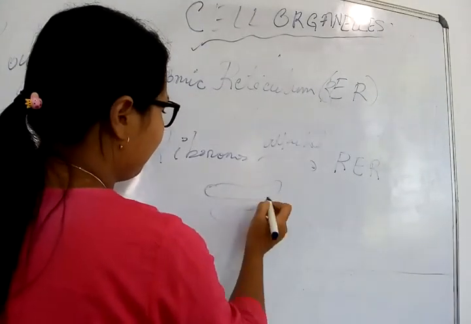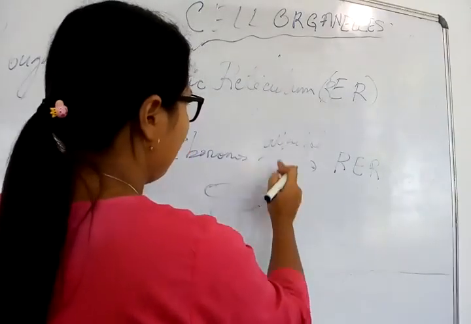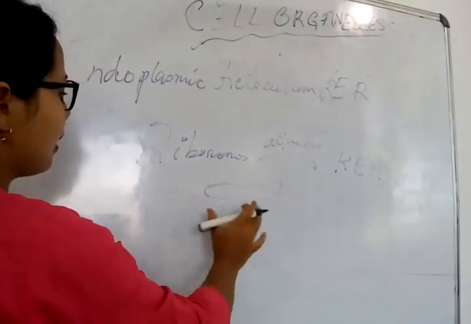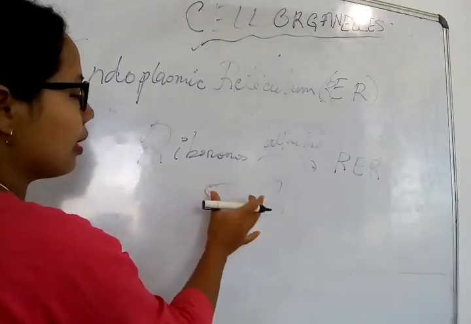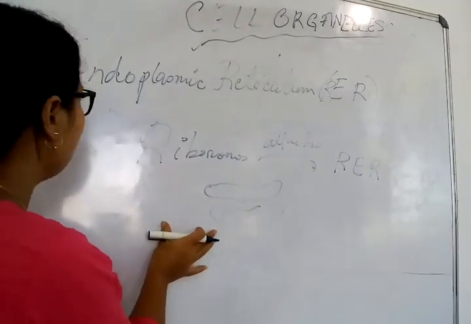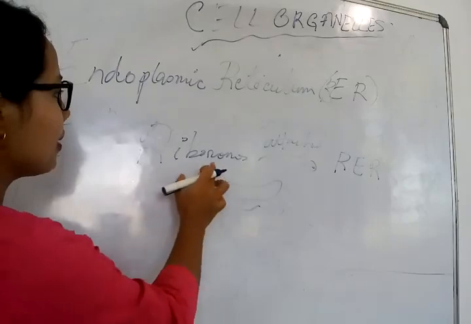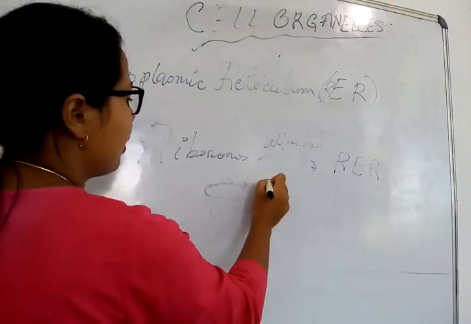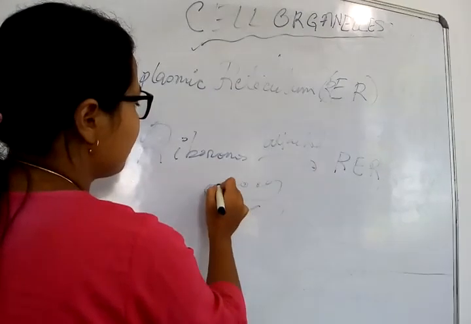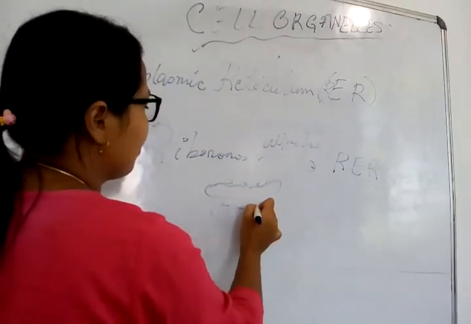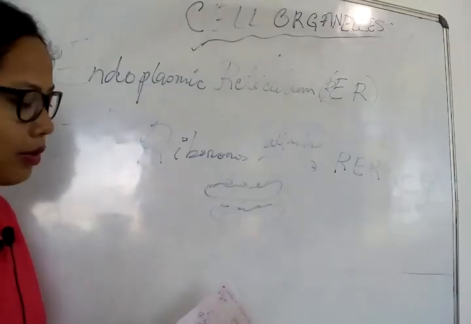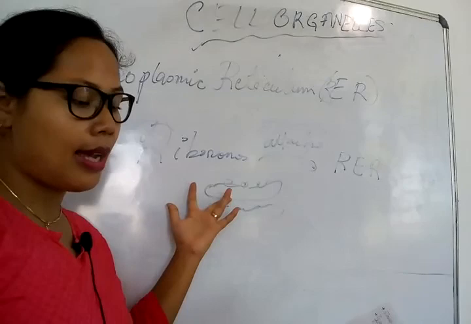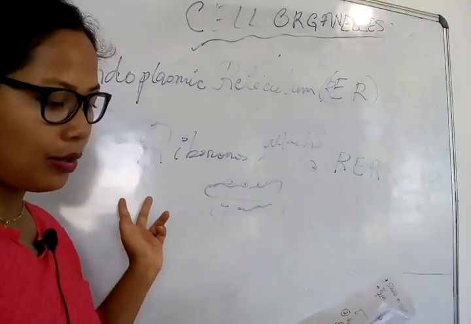This is the rough endoplasmic reticulum. What's the difference? In rough endoplasmic reticulum, the second point is that ribosomes are attached to the RER. These are the particles, attached on the surface of this endoplasmic reticulum. When we observe under the microscope, we can see such particles attached to the endoplasmic reticulum.